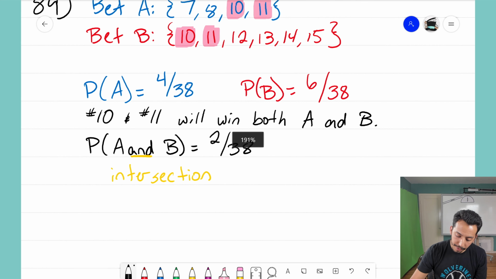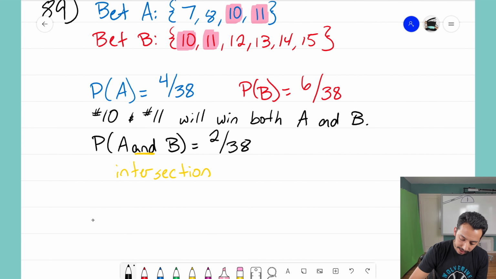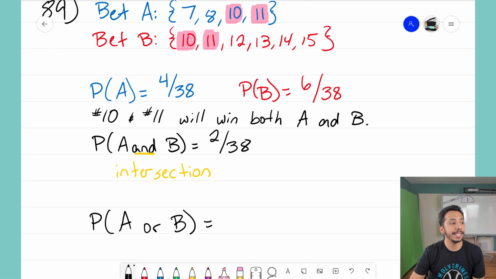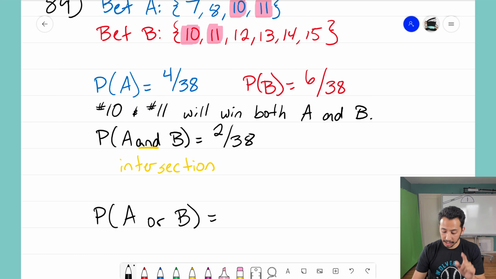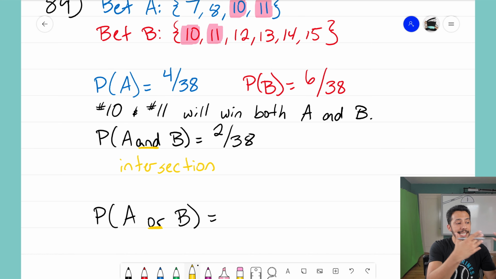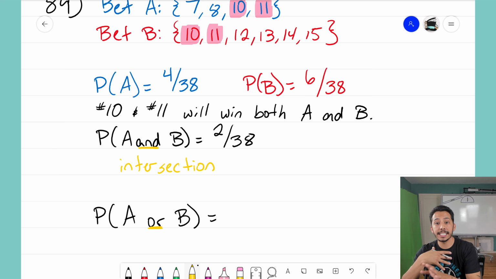The other one I want to talk about is what's the probability that he wins A or he wins B. So please understand that this is a subtle difference here. One of them is and, one of them is or.